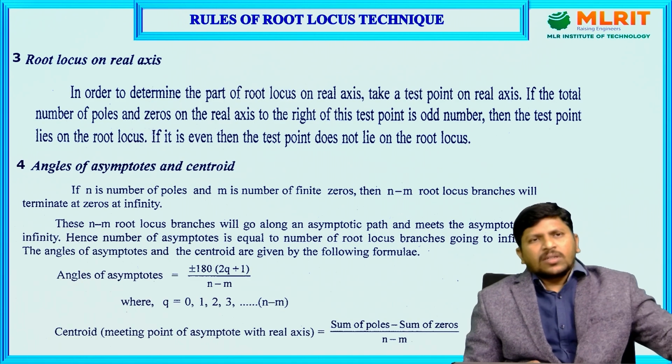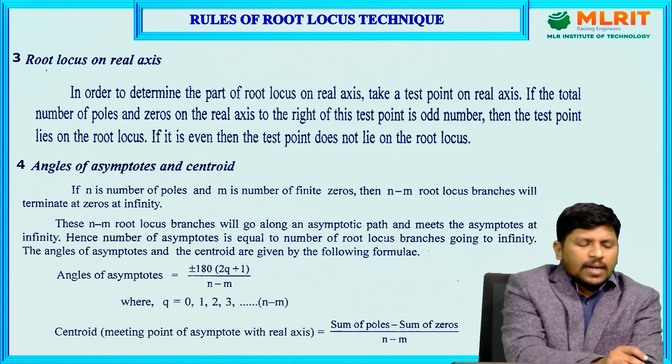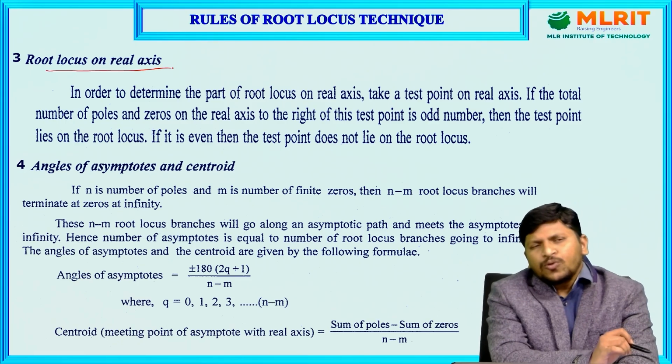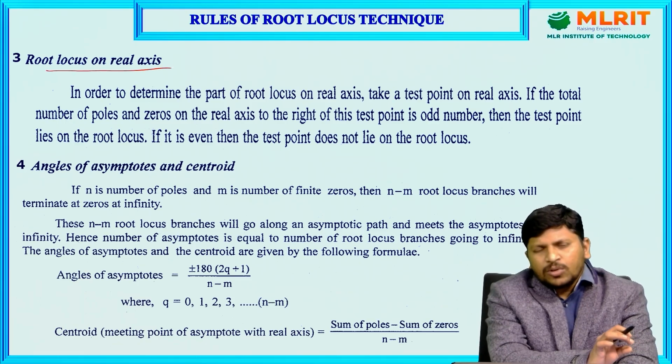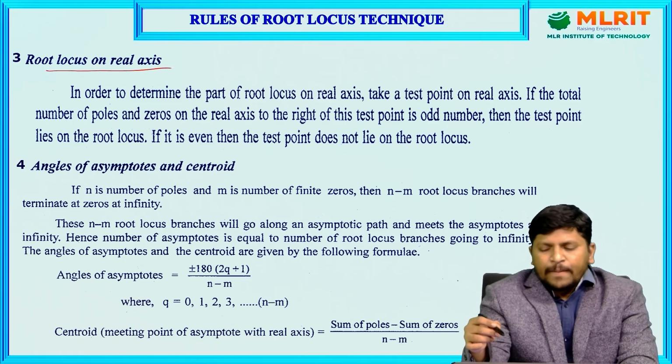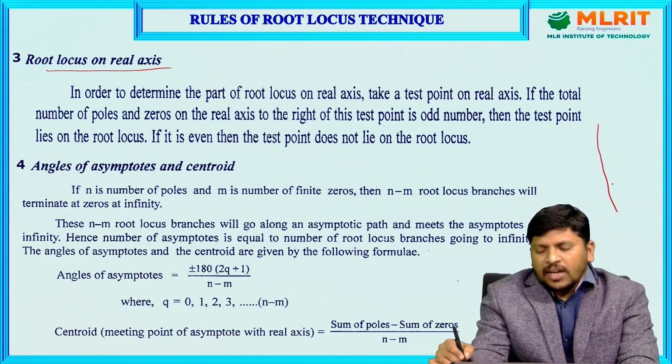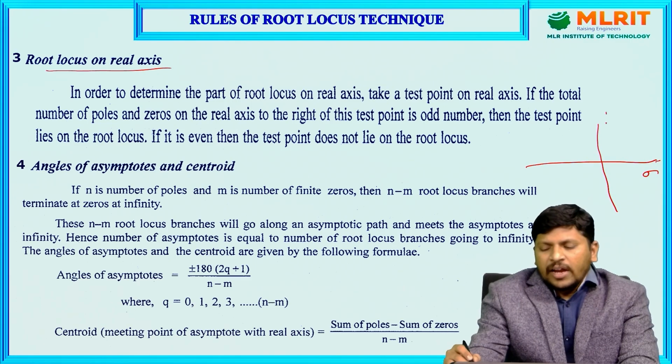Next, coming to the third rule, root locus on the real axis. To find the root locus on the real axis: here is the real axis, and this one is the imaginary axis.